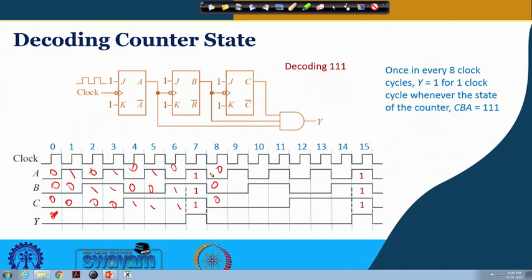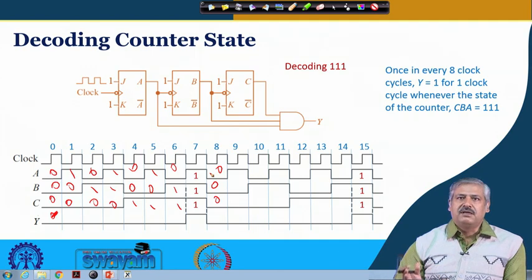If we look at all the three outputs, we can understand that a counting of a specific number of clock triggers has happened. But to the external world, if we want to know that a count of 7 has taken place, do we need to sample all three of them and figure it out, or can we make a separate output available which will go high whenever the count of 7 takes place?